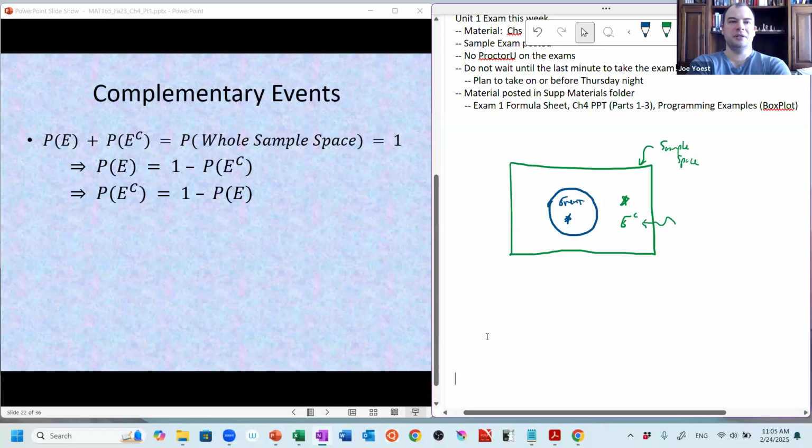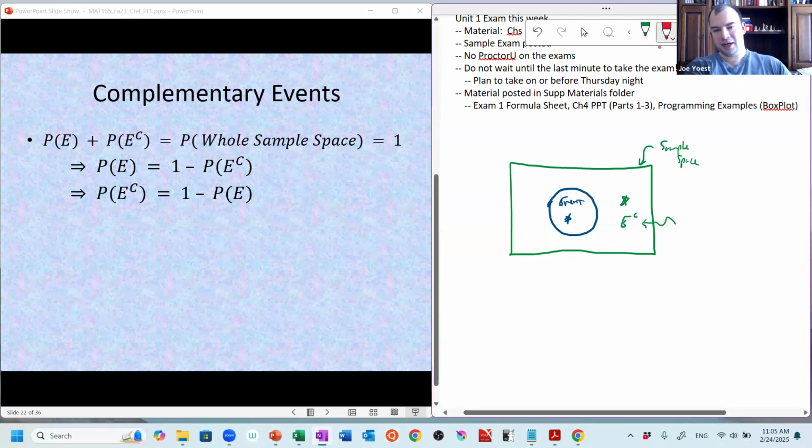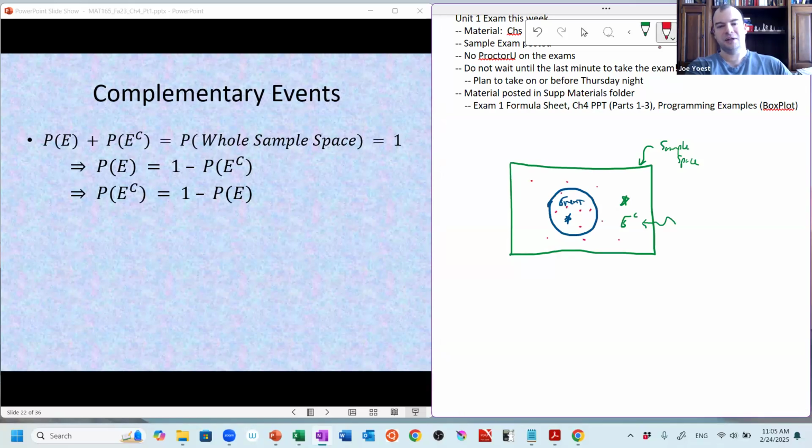We have a nice little theorem here that for complementary events, the probability of an event plus the probability of its complement. Well, if I count up all of the outcomes in the event, and then I count in addition all of the outcomes in the complement, well, that's all of the outcomes in the whole sample space, right? That's just the probability of the whole sample space.